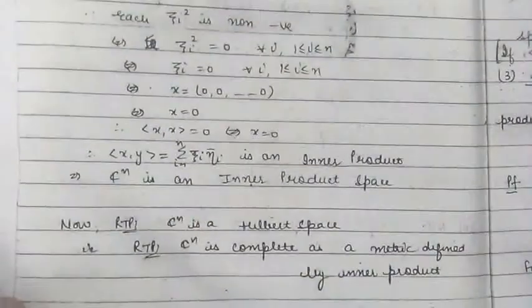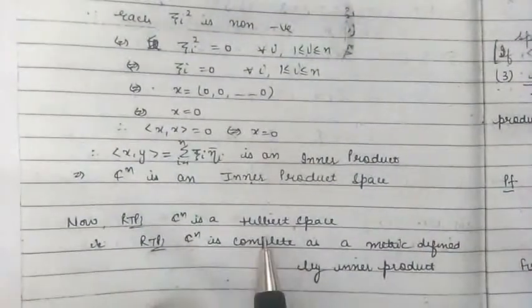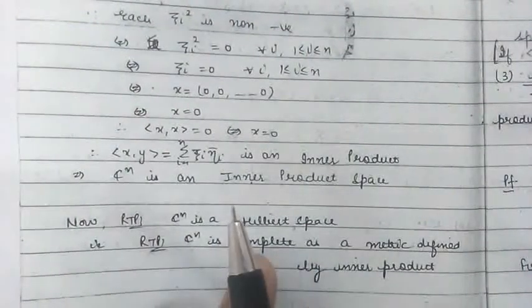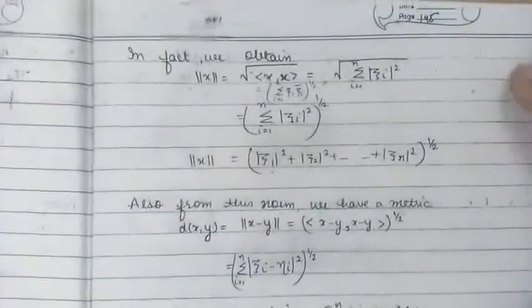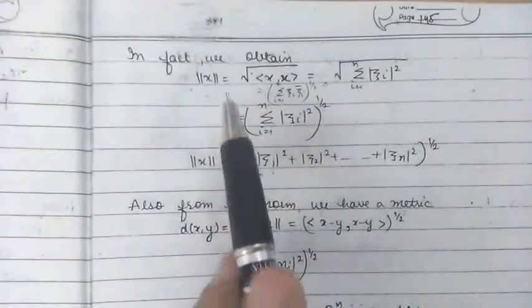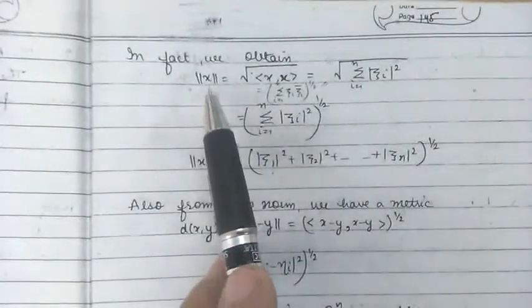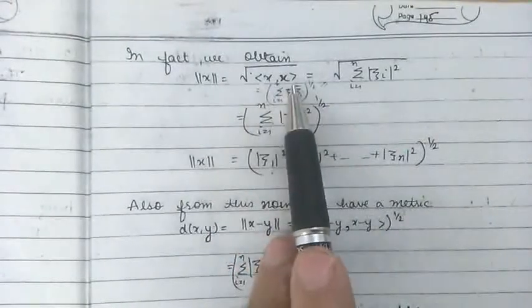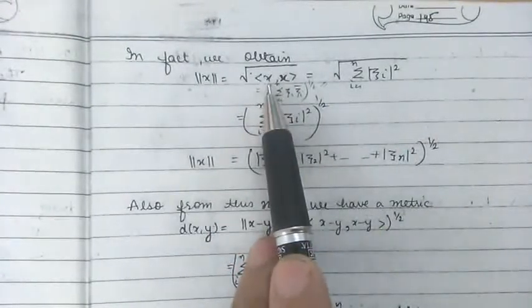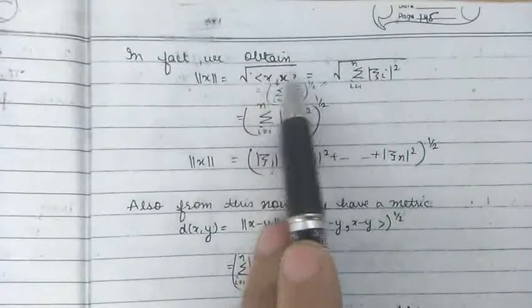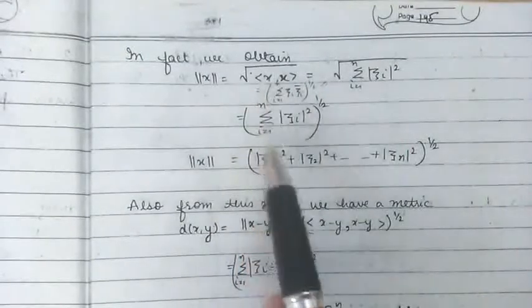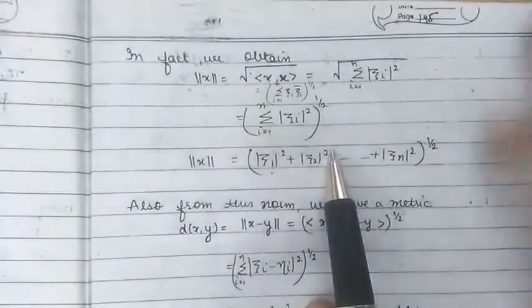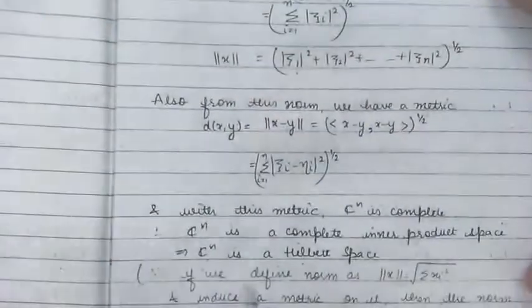product space. Now to prove it is Hilbert space, we will prove that it is complete in the metric defined by the inner product. Now let us define a metric. Now again, by definition, norm is the square root of inner product of X with itself. So by using the definition of inner product, which we have defined already, this is square root of summation xi square. Now let us define the metric.